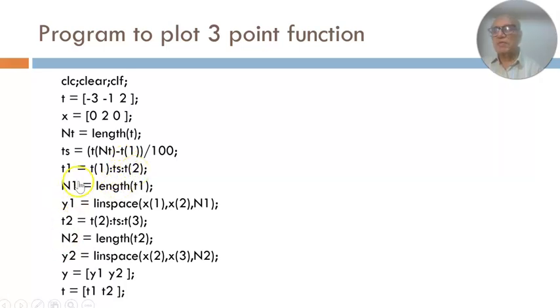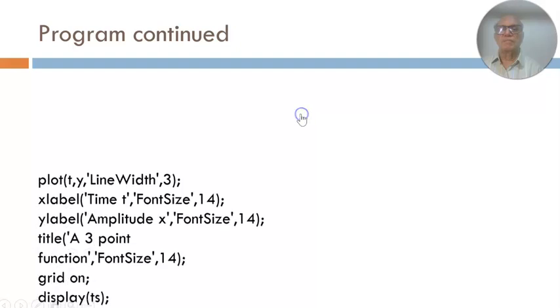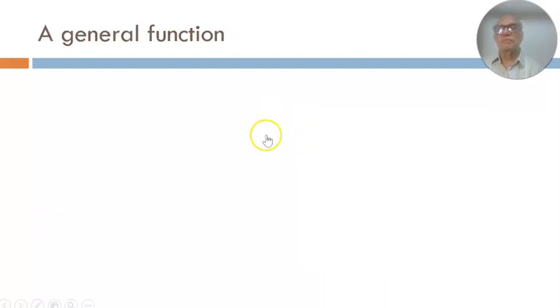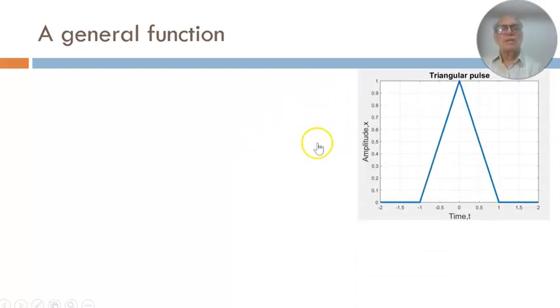So in that for loop, this will be calculated, this will be calculated, and if there are more points, all the remaining vectors also will be calculated, and you can put them. All right, so this we have already discussed. So now we want to study that general function. So we have taken a slightly different example here.